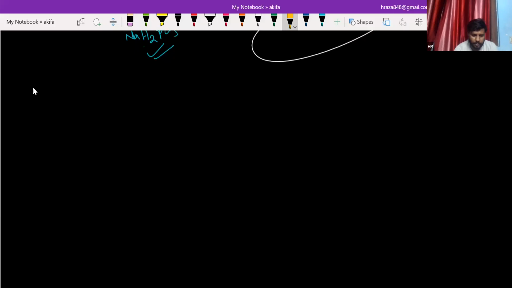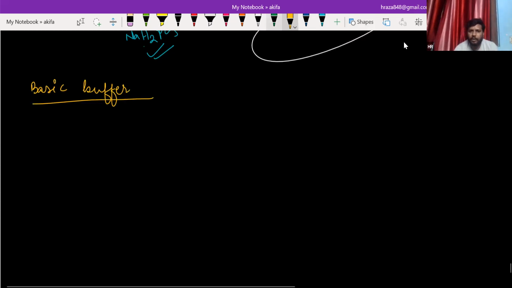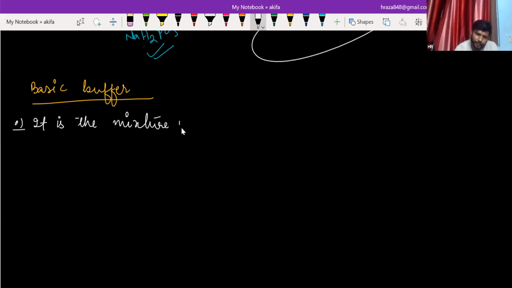Now come to the point, basic buffer. Basic buffer solution. I'm going to write the definition. It is just the same as acidic. In acidic, we take a weak acid, and in basic, we take a weak base. So there will be two definitions of this as well. It is the mixture of a weak base and its conjugate acid.